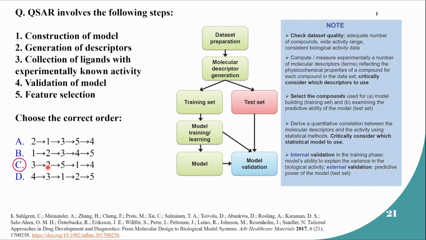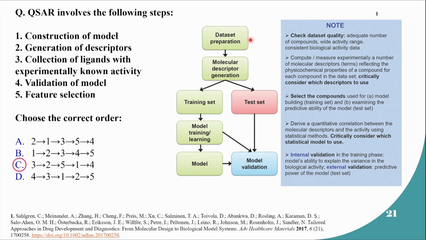So after we generate these descriptors, then we have to do the feature selection. So what feature we want to include in this particular model, and then we have to construct the model, and of course finally we have to validate this model, because without validation we cannot say for certain that this model is good, right?